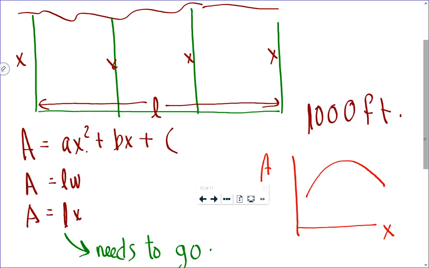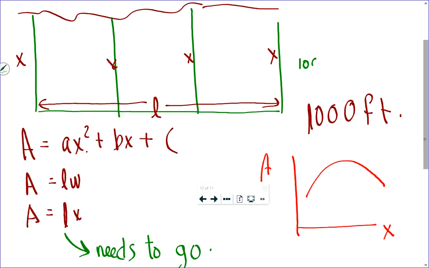Yeah. Is it 1,000 equals 40x plus? Right. You have to use, perfect. You have to use the amount of fencing here to find a different relationship between L and W or L and X. So it's exactly right.